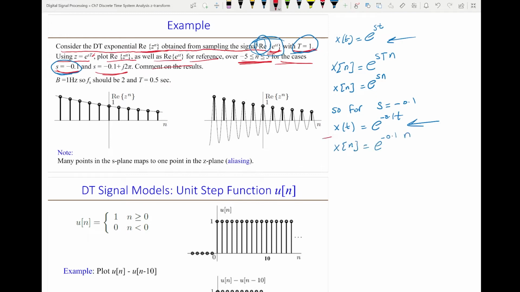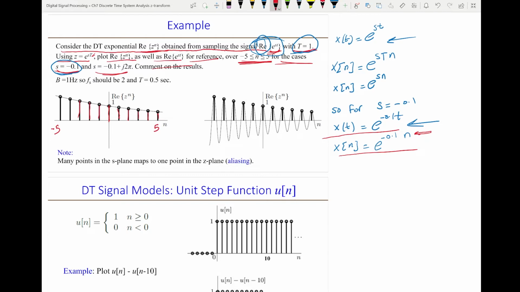Now if I plot these, that's the curve I will get, the solid line. If I plot this digital signal for different values of n, when n is 0, I get the 1 here. When n is 1, I will get this value and this and this and this and so forth. When n is a negative value, I get these values.